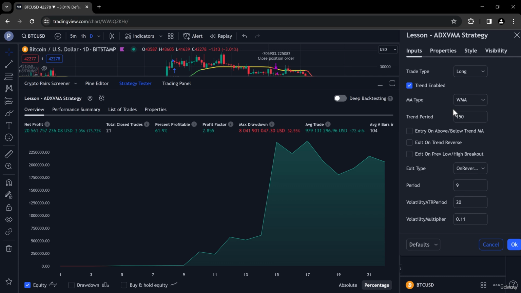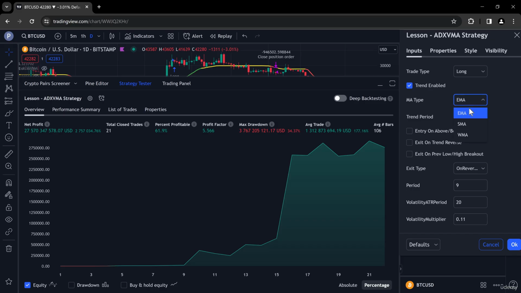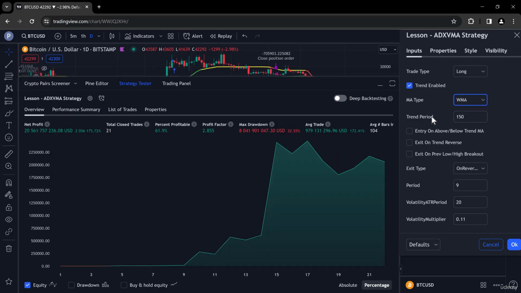Next, moving average type. We can change the moving average type for our trend moving average indicator. Currently selected is weighted MA, but we can change it to exponential or simple moving average if we need to. Next, trend period is the period of the trend moving average in our strategy.